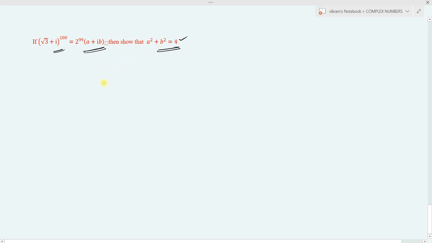He has given the complex number root 3 plus i whole power 100, and another complex number on the RHS, a plus ib, but he is asking us to get a square plus b square. How to get this?